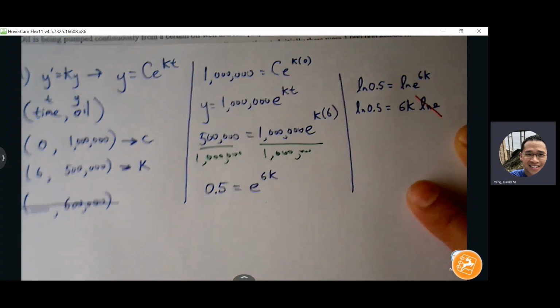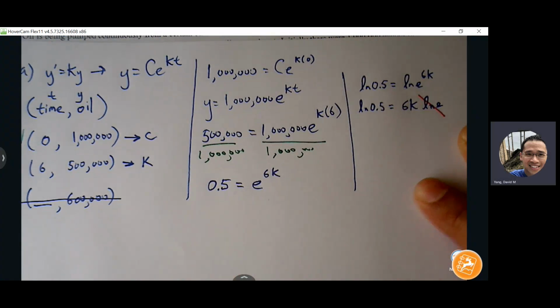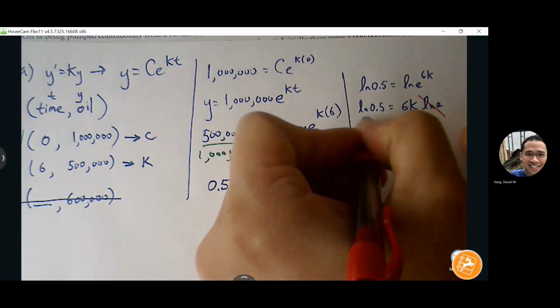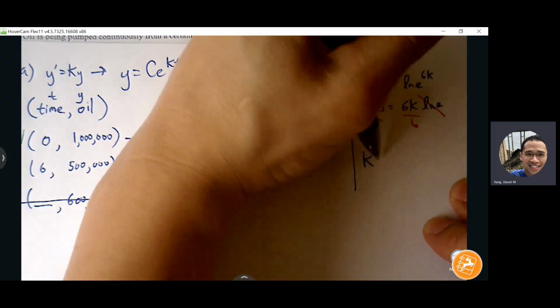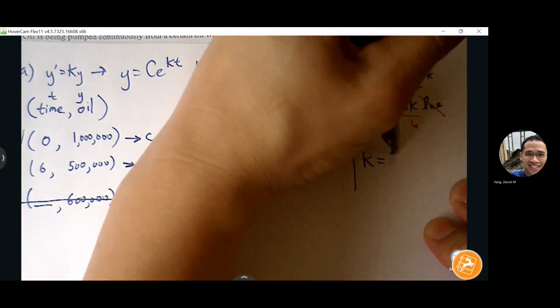To solve for K, I can do what? Divide by 6. So there's my K value. I want to leave my K value as exact as possible.